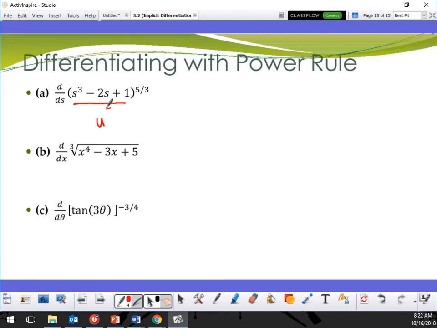So if that's u to the 5/3, that would be taking the derivative of the outside there. So taking the derivative of that piece, it's going to be times the derivative of the inside, and we're going to do that here in a second. So u to the 5/3, what would be that derivative?